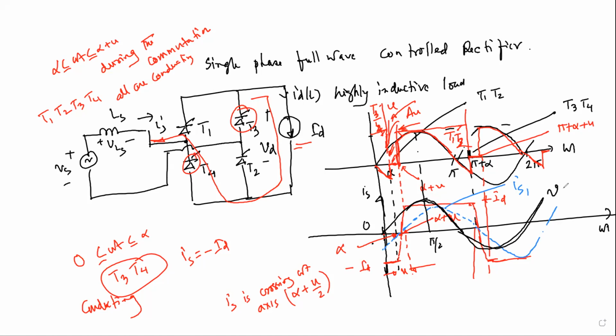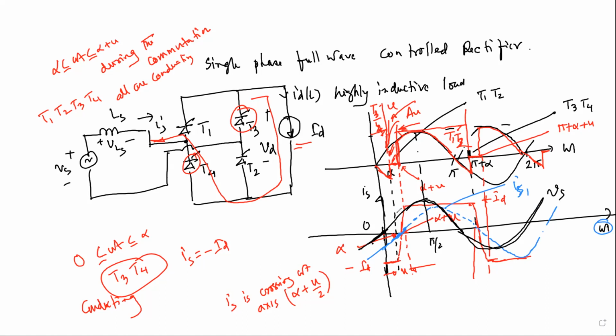This is your Vs. So now Vs is crossing at omega t equal to 0, and Is1 is crossing at what point? Zero crossing at what point? Is1? Alpha plus u by 2, similar to Is. Right.